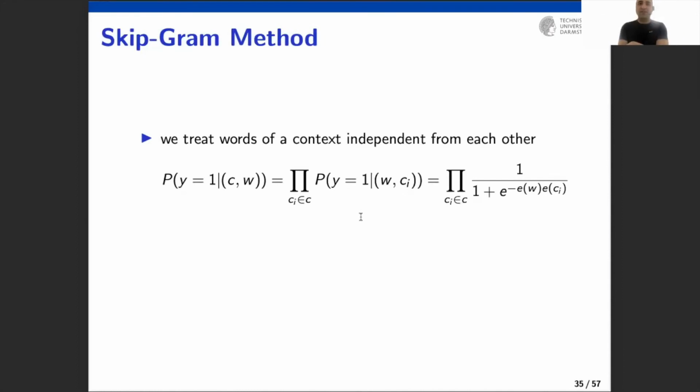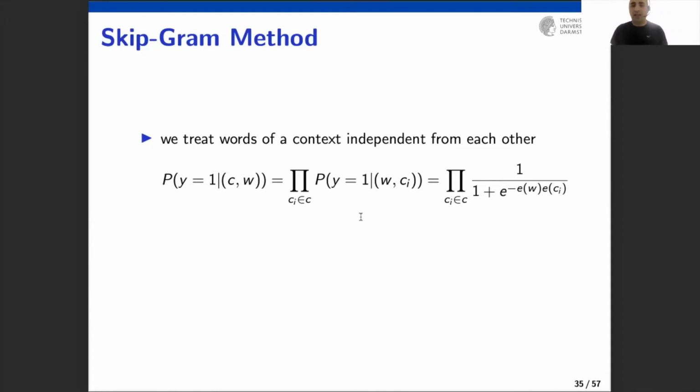There is another method named skip-gram. The idea is very similar to the continuous bag of words method. The main idea is that we treat words of the context independently from each other. So we assume that we are again given a positive data set and a negative data set.